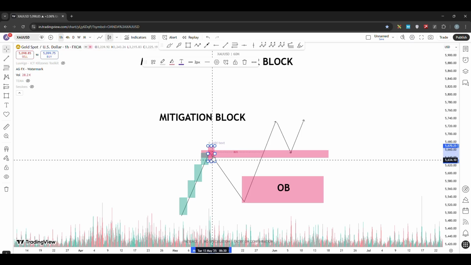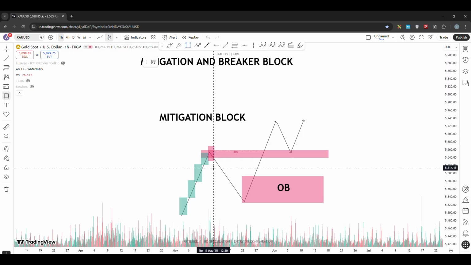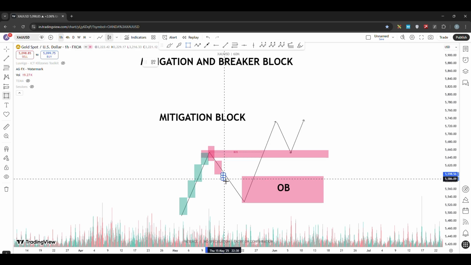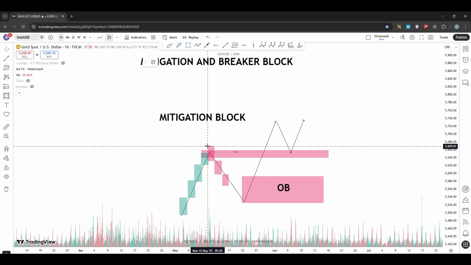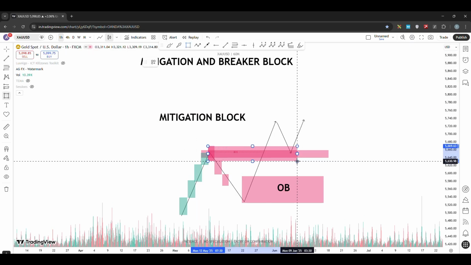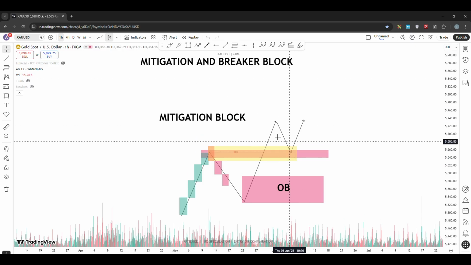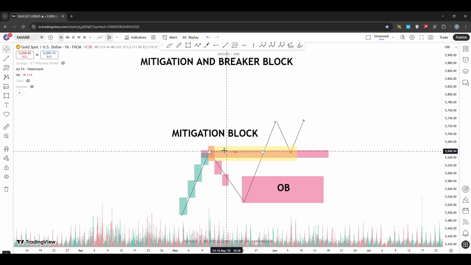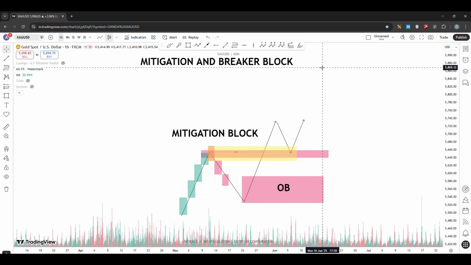This candle that has created this high before going down, before giving this pullback, this whole candle is called a mitigation block. These blocks help to continue the trend.